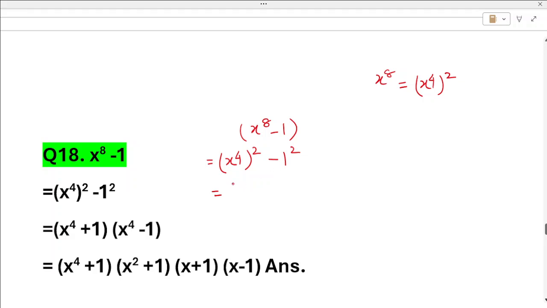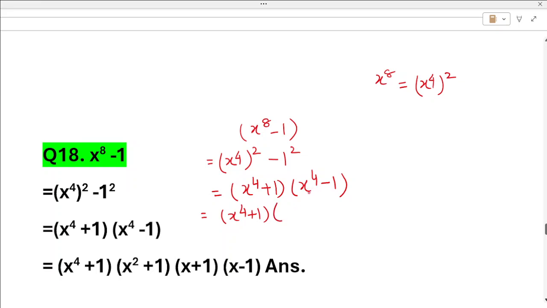Now expressing it as a sum and difference. So this is a square, this is b square. So a plus b multiplied by a minus b, correct. Now this is the first term. Okay, now again see, this is again the form of a square minus b square.